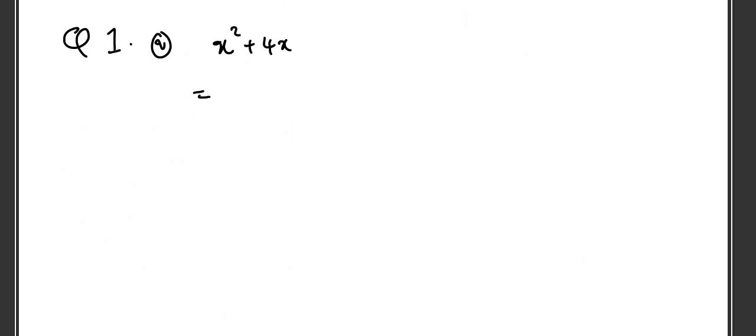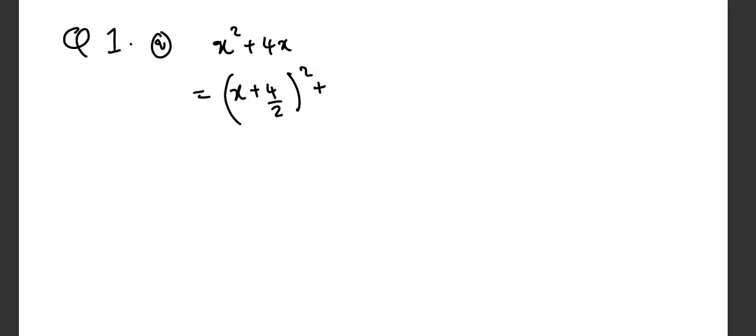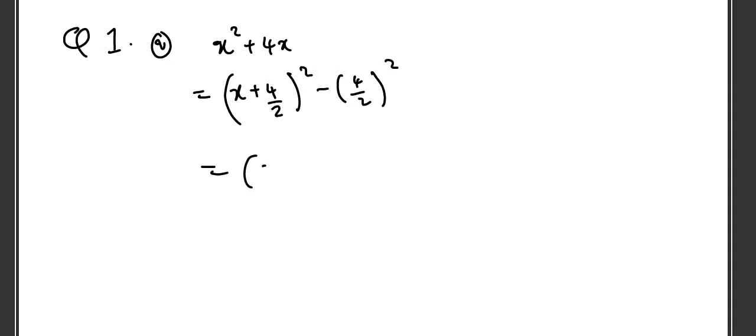The coefficient of x squared is already 1, so I'll just say x plus half of 4, minus 4 over 2 squared. This is just going to be (x plus 2) squared minus 4. This is the completed square form. Even if you use the formula, you still get the same thing.